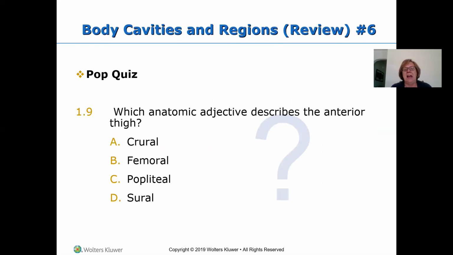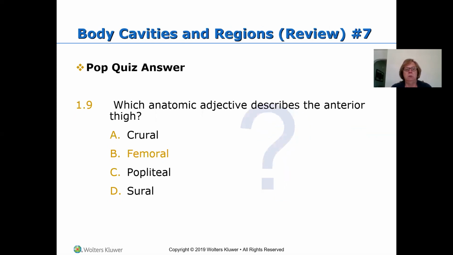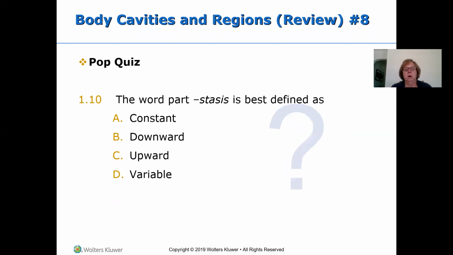Which anatomic adjective describes the anterior thigh? That would be the upper portion of your thigh above your knee, the femoral region, where your femur is. Stasis means like homeostasis. That's constant.